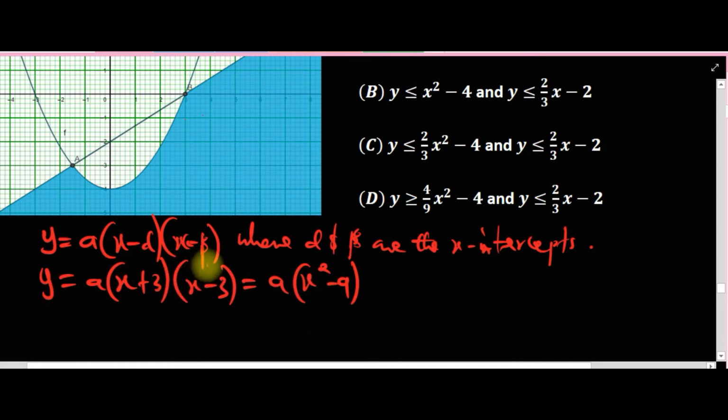So what you have to do is find the coefficient of x squared minus 9, which is a, and the best point to use is the y-intercept, at (0, minus 4), because that's the extra point we know on the curve. We can still use the other points, but this one is better because of the 0.